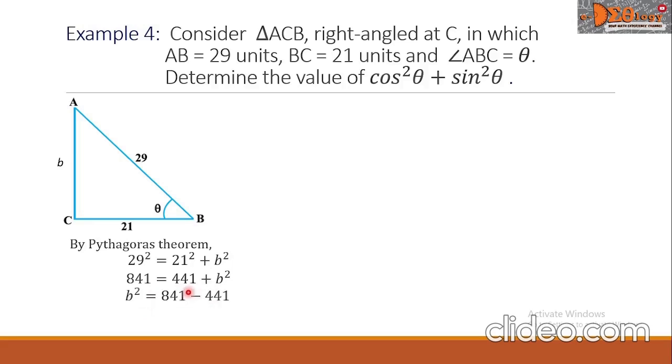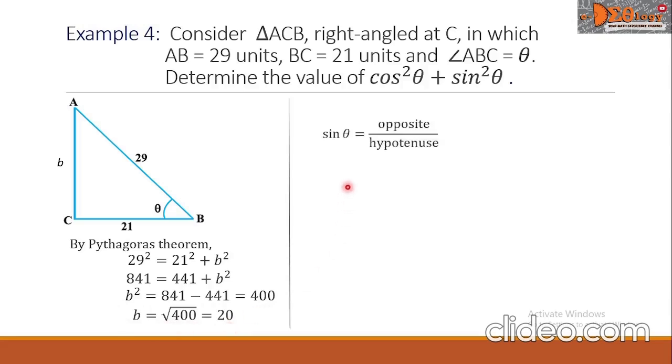Or we can rewrite this as b square equals 841 minus 441. The difference is 400. When we take the square root of both sides, the square root of b square is b equals the square root of 400, which is simplified as 20.